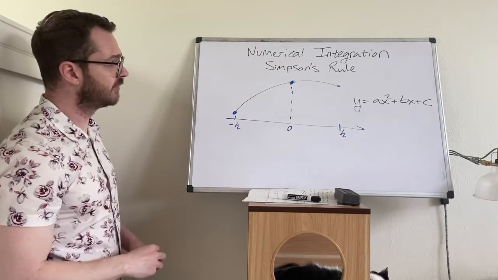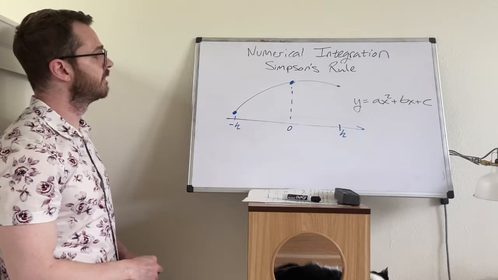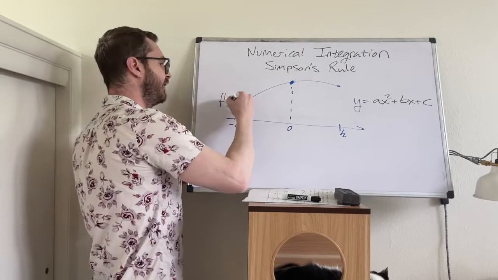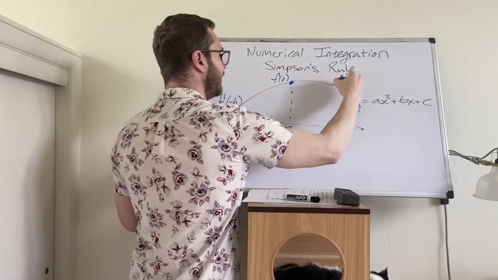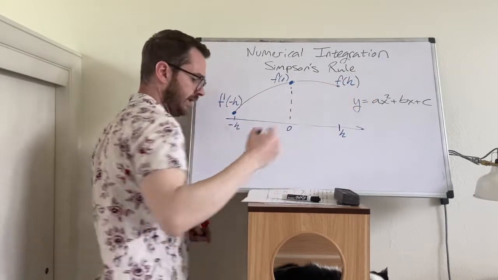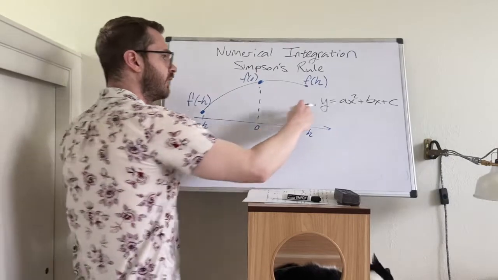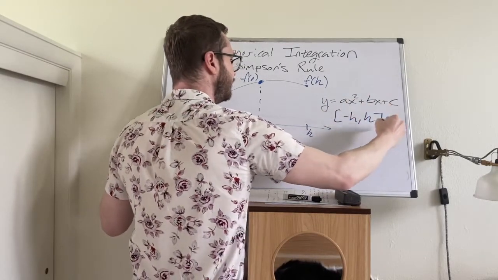It's going to affect a little bit how we choose our step sizes. I'll give you those details in a bit. For now though, let's say here is f of negative h, here's f of 0, here is f of h. And this is of course on the interval negative h to h.